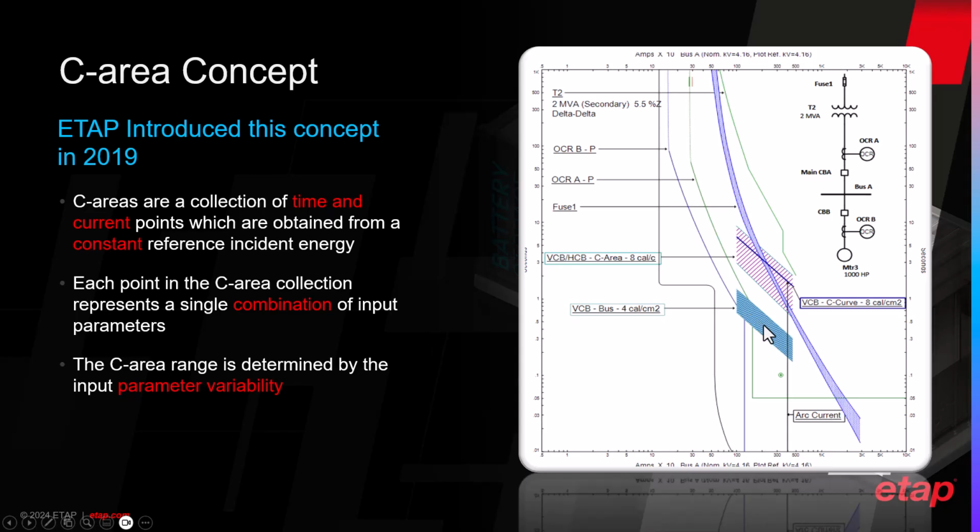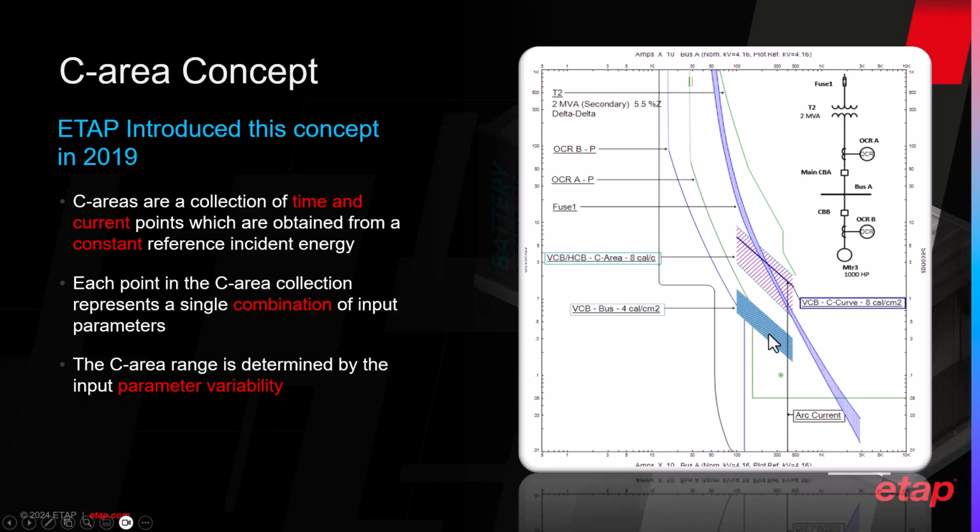For example, let's say my facility wants to target an exposure greater than 8 calories, then that would be our target incident energy. Now, taking into account that reference, the equipment input parameters, and of course, potential equipment input parameter variations, that is going to build a large collection of data points, and eventually, of course, that would really have a bounding lower limit and an upper limit.